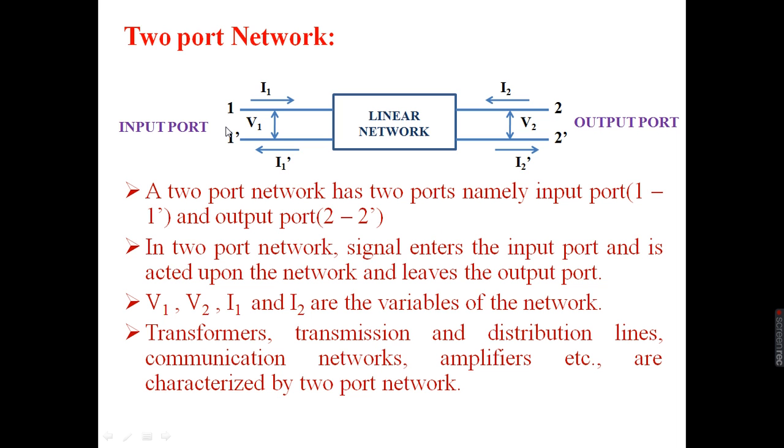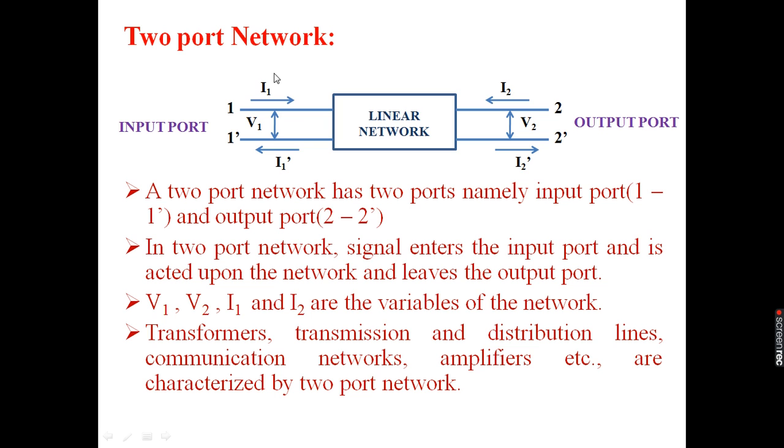The signal enters the input port, is acted upon by the network, and leaves the output port. Since this network has two pairs of terminals, 1 dash and 2 dash, it is called a two-port network.